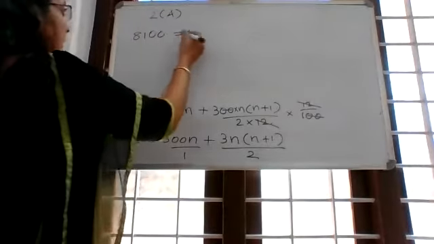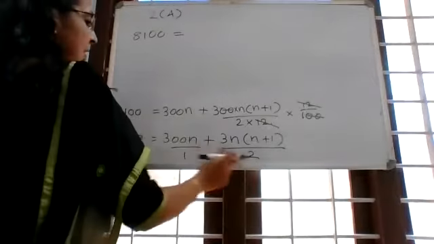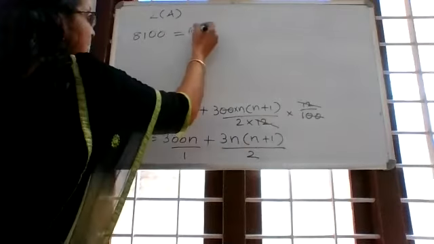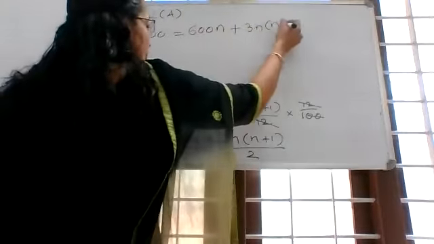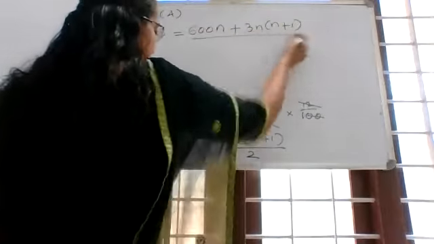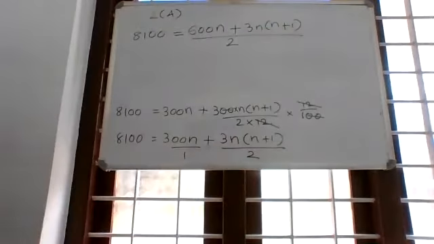8100. This is not cross multiplication. Next step, it will be cross multiplication. This is finding LCM. 300n into 2 is what? 600n plus 3n into n plus 1 divided by what? 2 into 1 is 2. This step is cross multiplication.